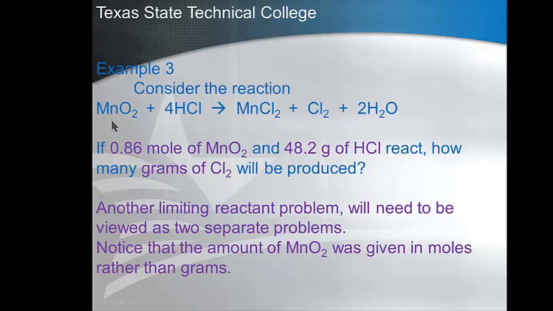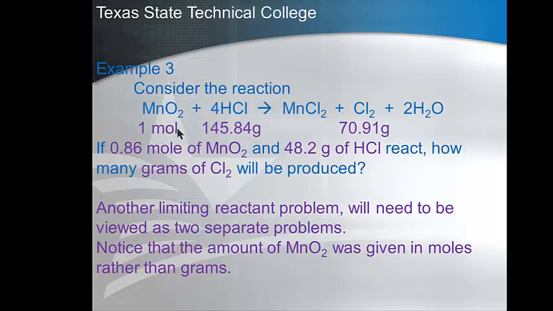When we go to the balanced equation, the manganese oxide is written in terms of moles. Both hydrochloric acid and chlorine gas are written in terms of grams. All of them, however, match the units given in the problem.